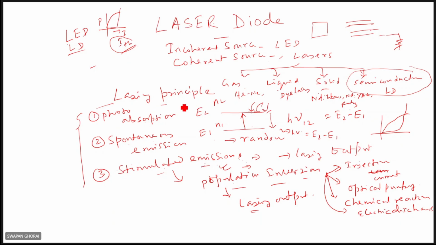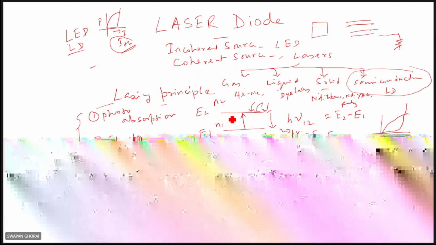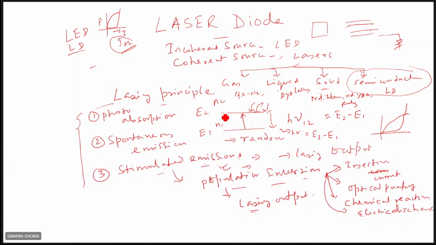Now, to understand these things, consider a two-level diagram. Say these two levels, E2 and E1. Let us say it is an enclosed system, only two levels are there. Population density is N1 at the lower level and N2 at the higher level.